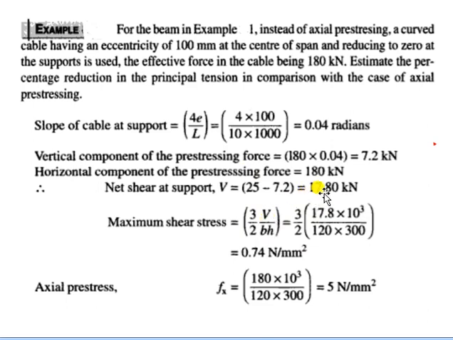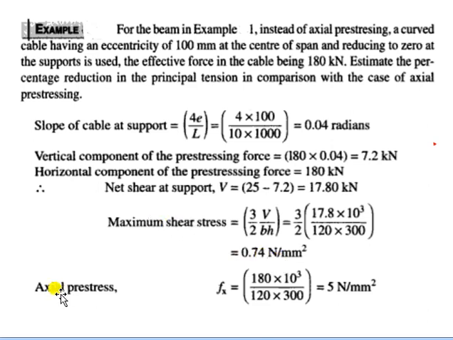V is 17.8, that is the net shear force at the support, 17.8 into 10 to the power of 3. Here it is in kilonewton and here it is in Newton. B is 120 and H is 300. Therefore, maximum shear stress is equal to 0.74 Newton per millimeter square.